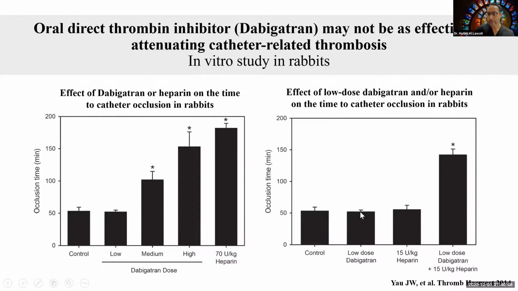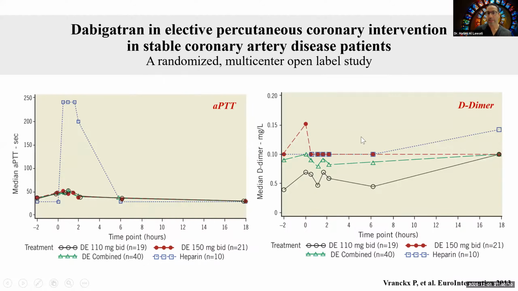And the interesting thing is when you look at the study that was done in humans, even though you're using the standard guideline-accepted doses of dabigatran at 110 BD and 150 BD, if you look at the coagulation parameters, you notice that there's no change in the APTT with dabigatran, but the APTT increases when you treat with heparin.